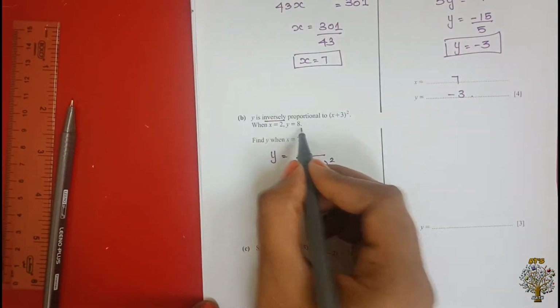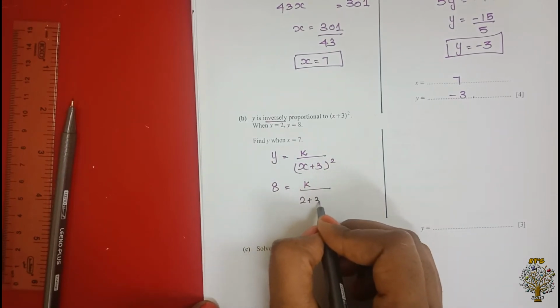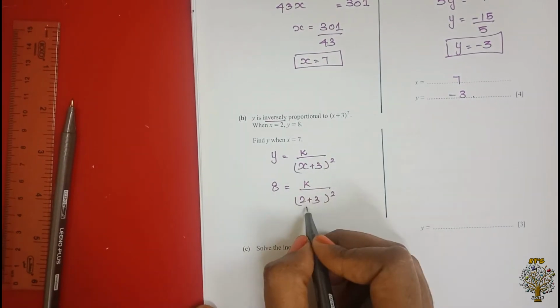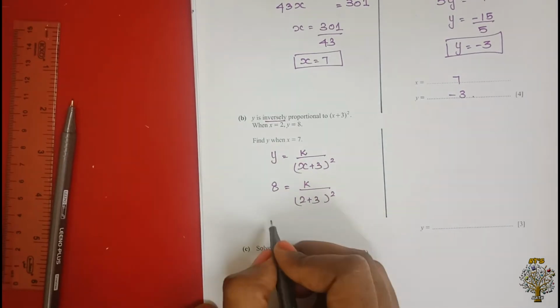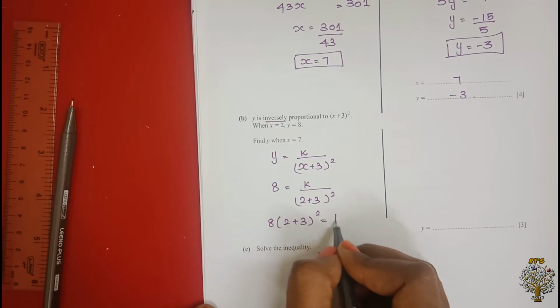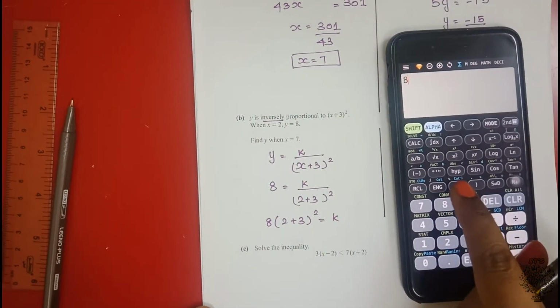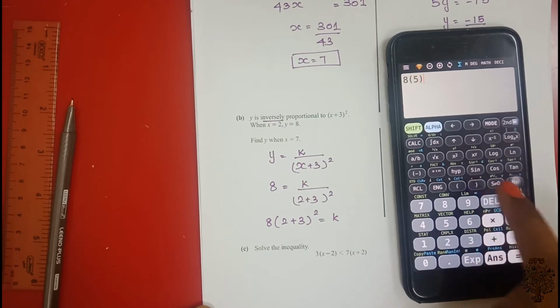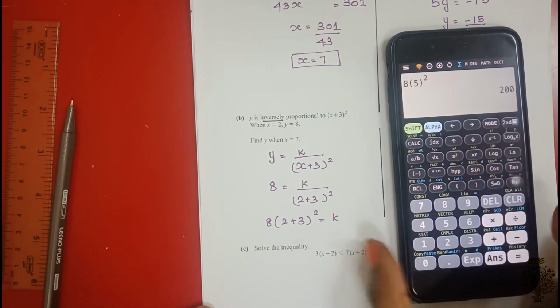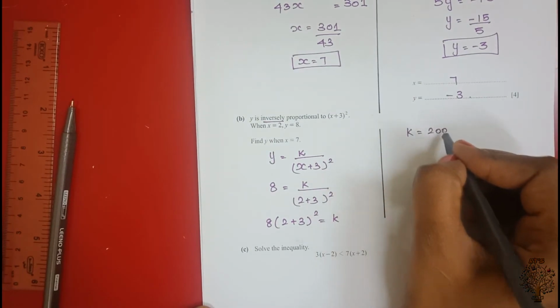They have given x as 2, y as 8. 8 is equal to k divided by 2 plus 3 the whole square. This is to find the value of k. So 2 plus 3 the whole square is equal to k multiplied with 8. We have here 8 multiplied with 5 square, which gives us 200. I can state k is equal to 200.